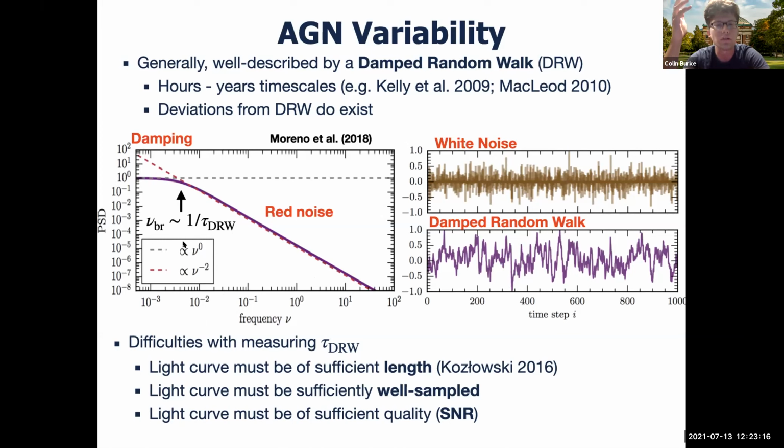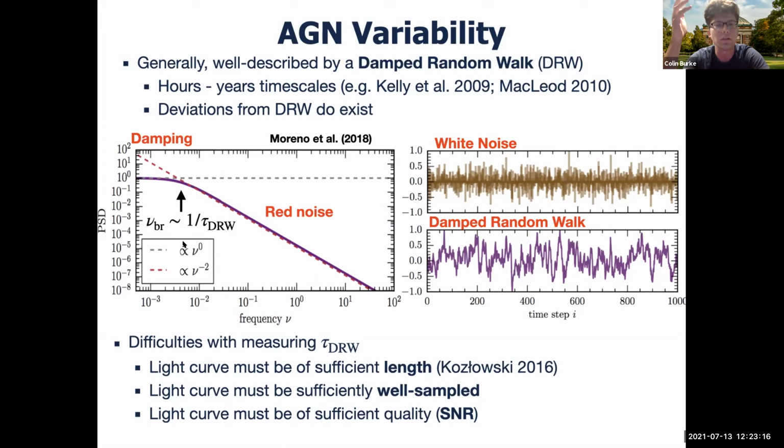So you can fit a damped random walk to anything, pure noise, and you'll get a result, but we tried to be careful and make sure that our damped random walk modeling is reliable by imposing these constraints on all of our light curves before we do this DRW modeling.